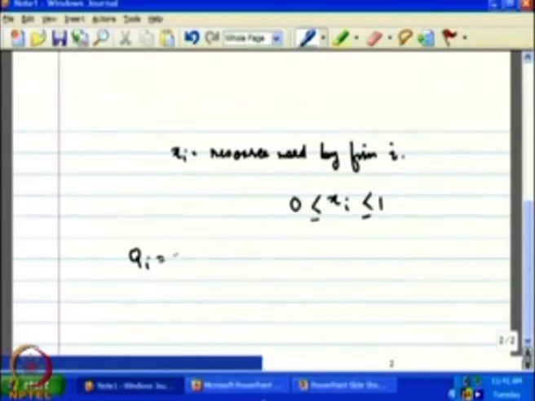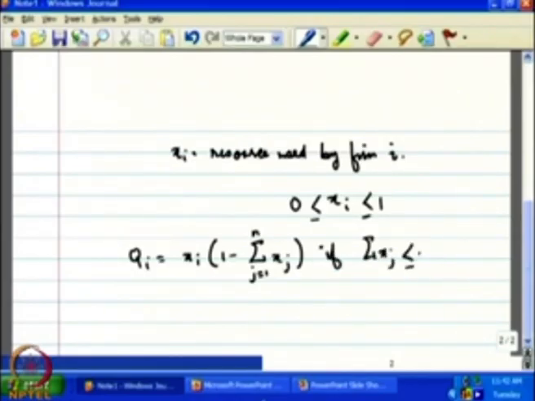What we further know is that if the ith firm uses this resource xi, it is able to produce some output, and this output, let us call it qi, is given by xi multiplied by (1 minus the summation of xj, j goes from 1 to n) if the summation is less than or equal to 1, and 0 otherwise.